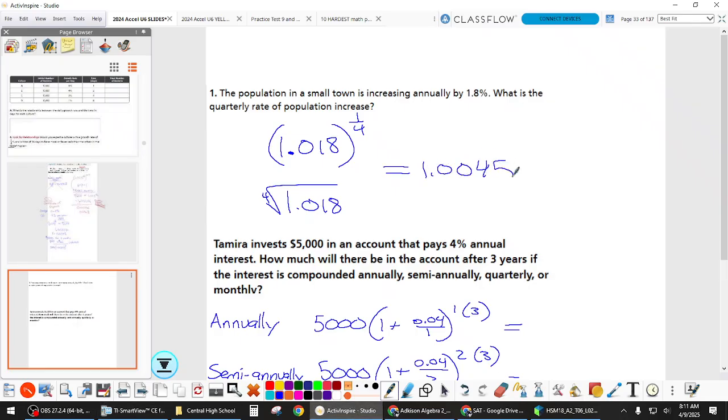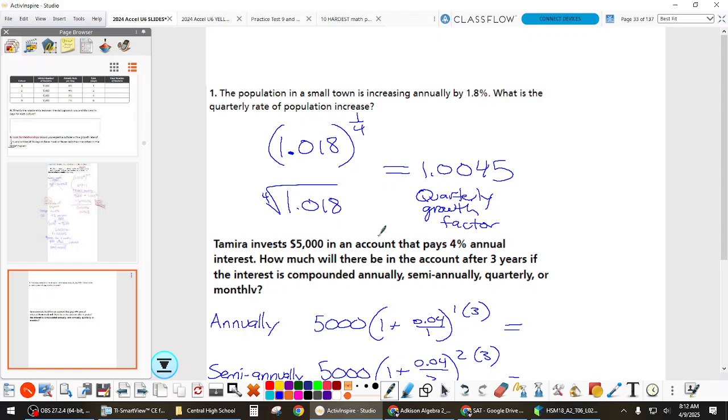What is this called? Like as an intermediate step, what's that number I just wrote called? Quarterly growth factor, right? Okay, so let me put this in context.